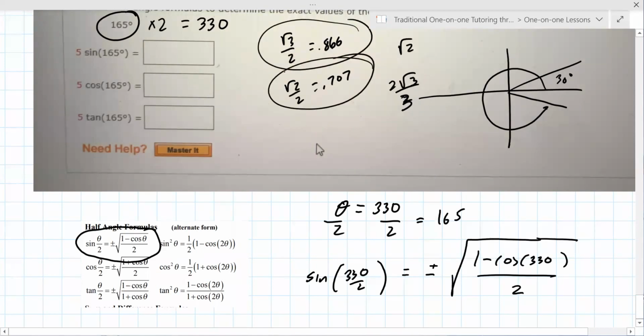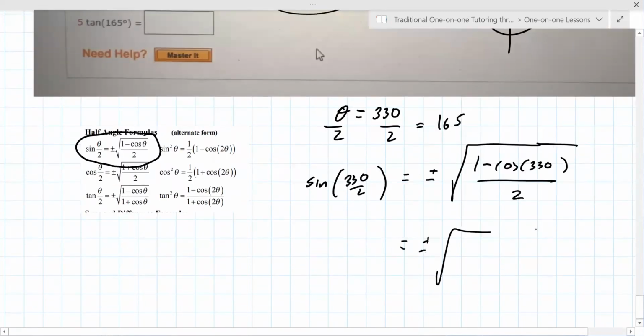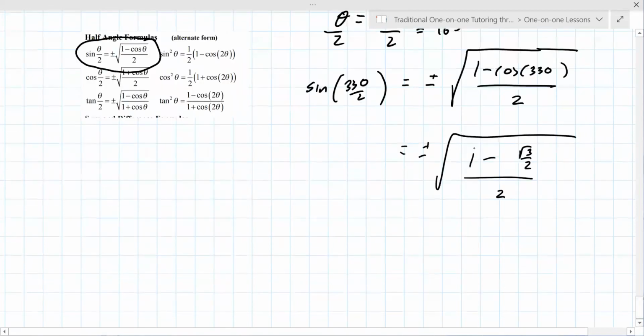So cosine 330 is root 3 over 2. So it's plus or minus the square root of 1 minus root 3 over 2, over 2. So this is 2 over 2 in here. So it's 2 minus root 3 over 2, over another 2, square rooted, plus or minus.